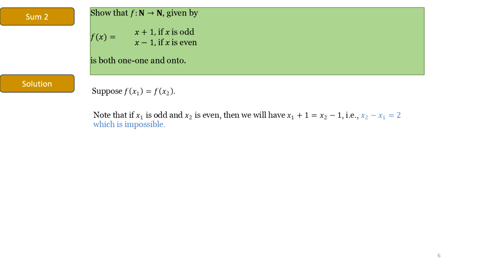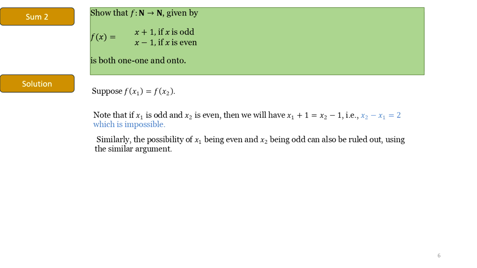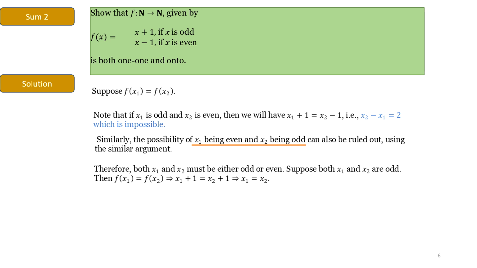Now this is not possible as our original assumption was x1 is odd and x2 is even. Therefore, x1 and x2 must be both odd or both even.